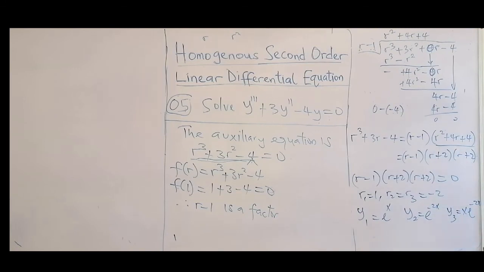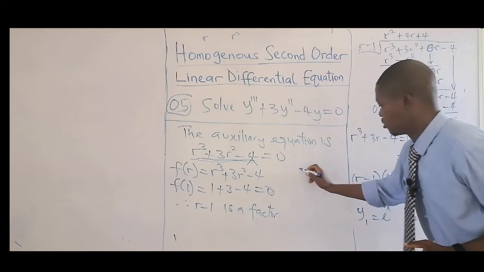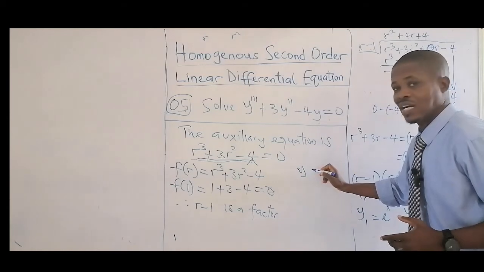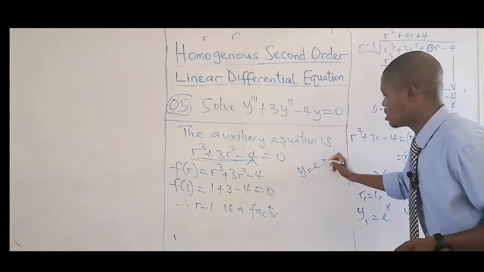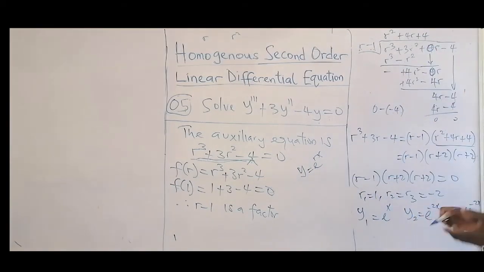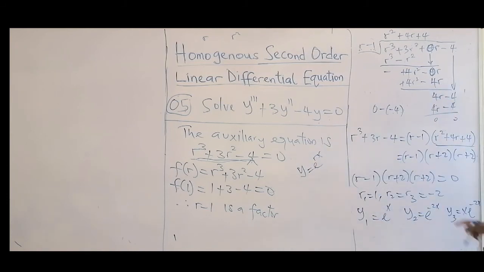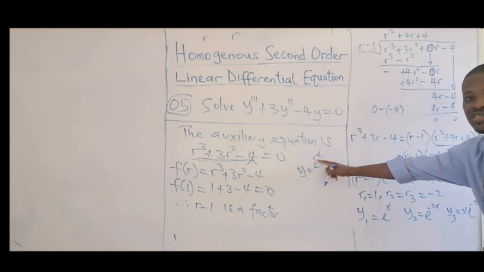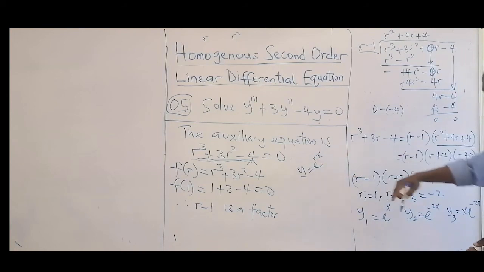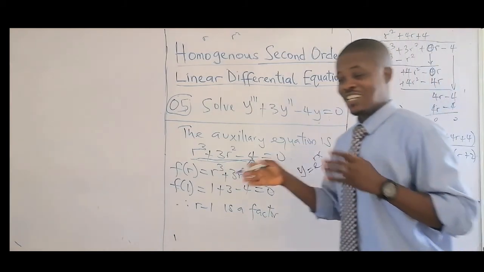Don't forget what we said in the first video in this lecture on this topic, that the solution of the differential equation by substitution is equal to e^(rx). So with that, your r is 1, put it there. Your r is minus 2, put it there. But in this case, r2 and r3 are repeated roots.